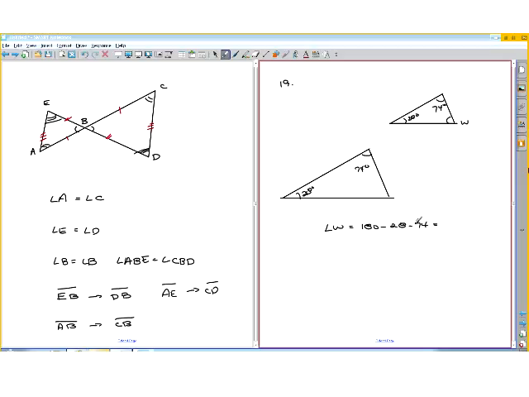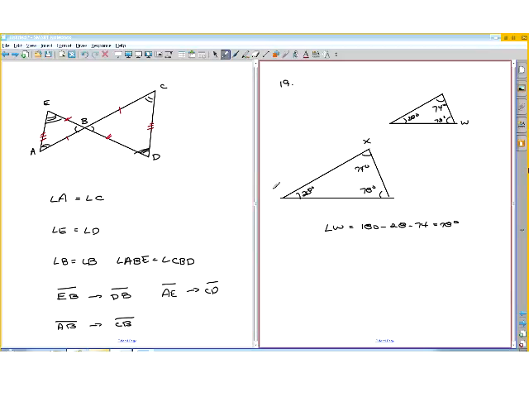Okay, sorry, I got something wrong here. 180 minus 28 minus 74 is 78. So this angle here is 78 degrees. So it's also 78 degrees.